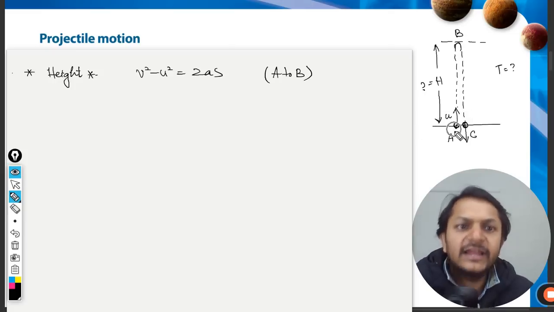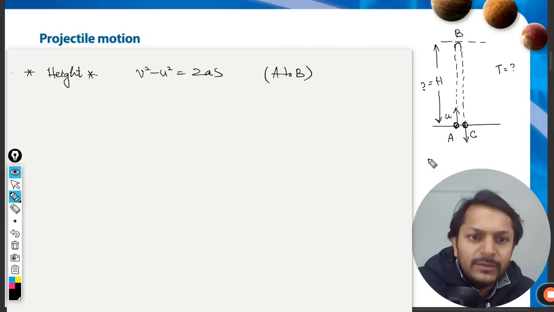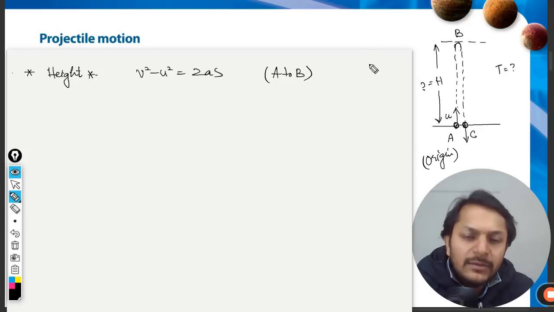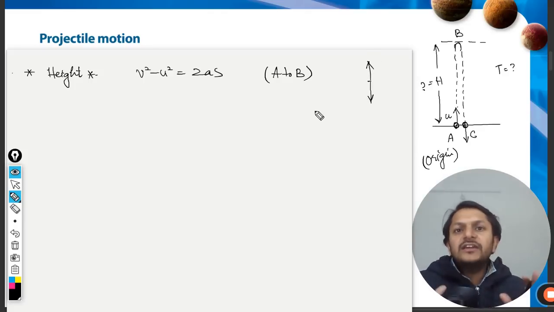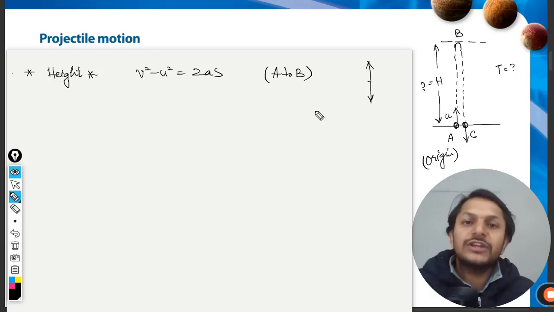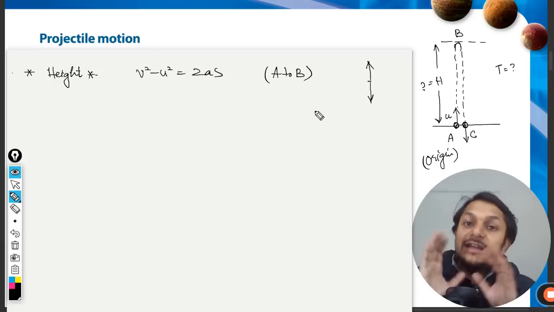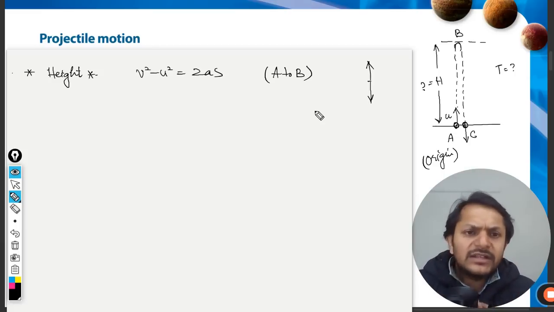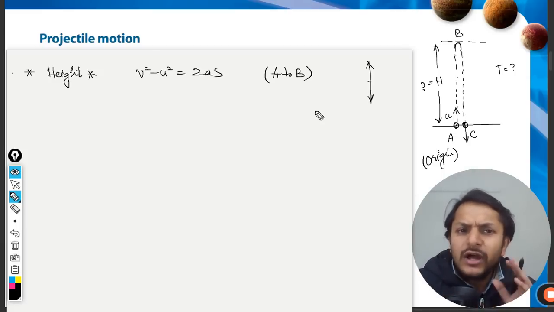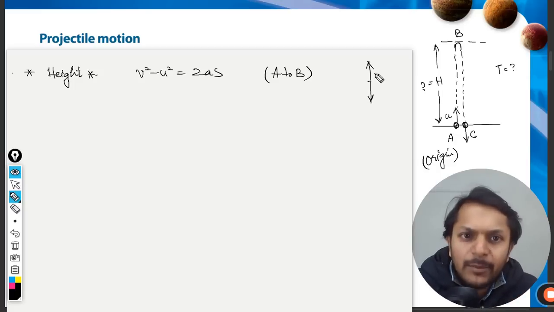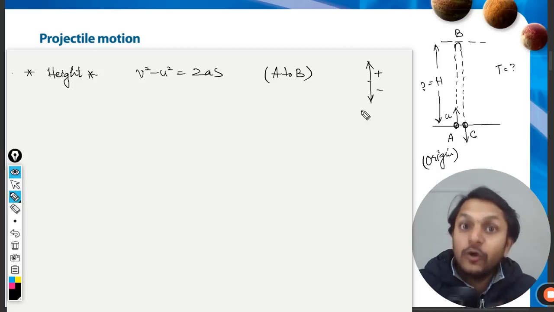So at A, the motion starts, so A will be taken as origin here, and the sign convention will be, so you see, as a matter of fact, sign convention can be anything. You can choose any direction to be positive and any direction to be negative, but here it becomes more understandable if I say that the upward direction is positive and the downward is negative.